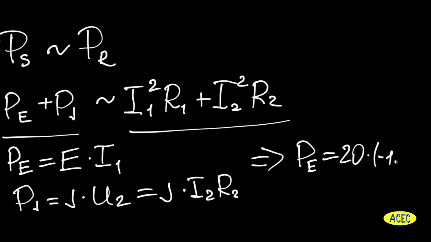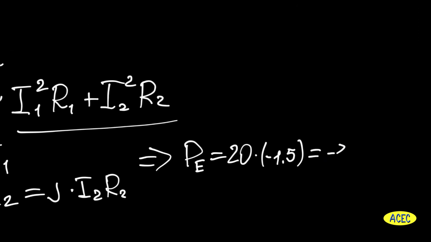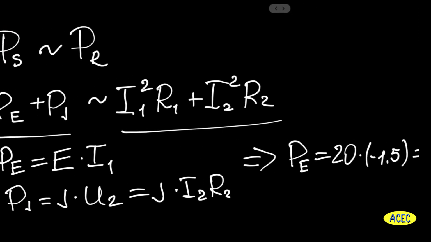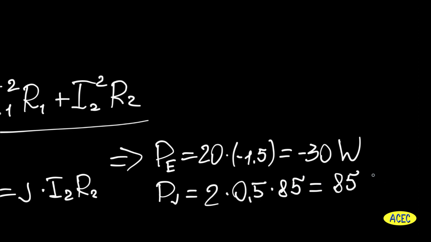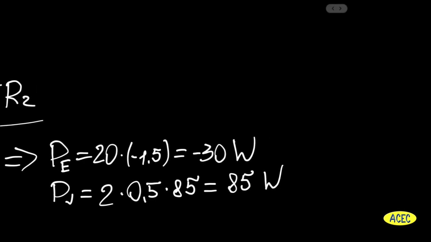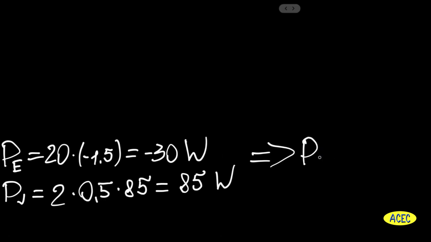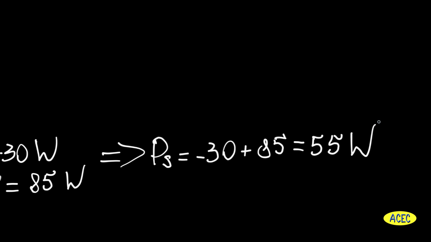Power of voltage source is minus 30 watts. And power of current source is 85 watts. And total power of sources is 55 watts.